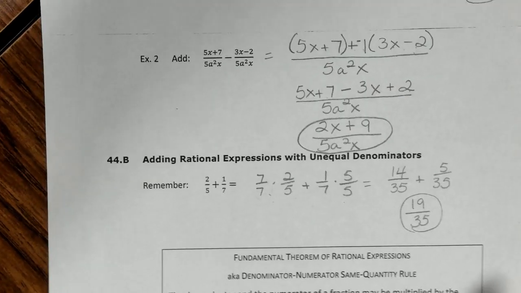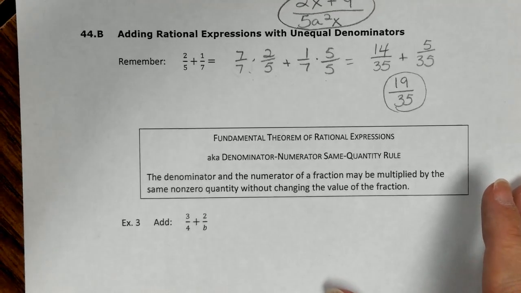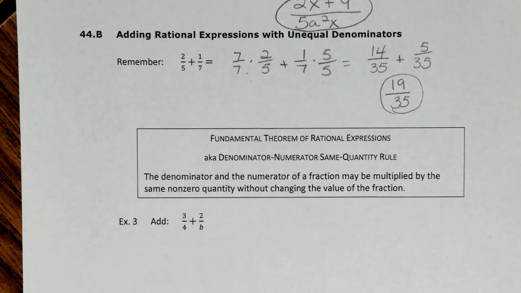All right, so let's take a look at example 3 here that has some variables in it. Well, a variable in it. And we need to add these fractions. That means these fractions have to have common denominators.